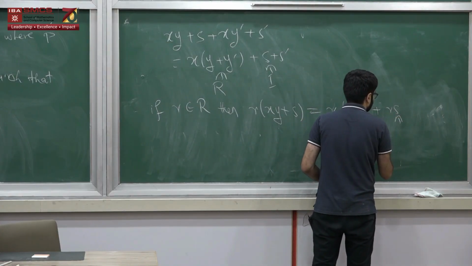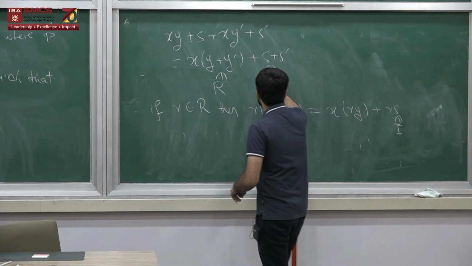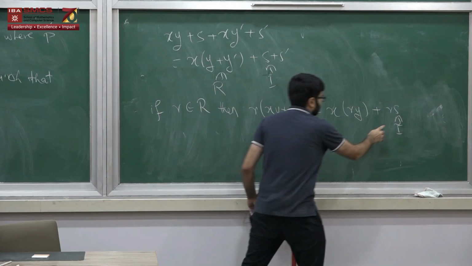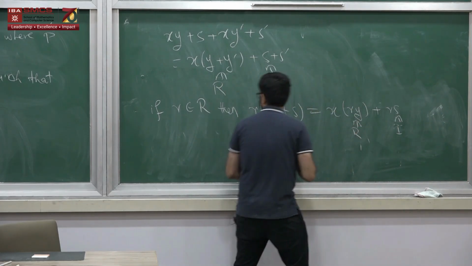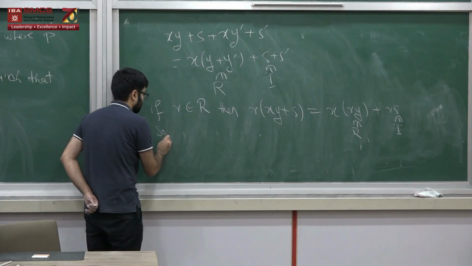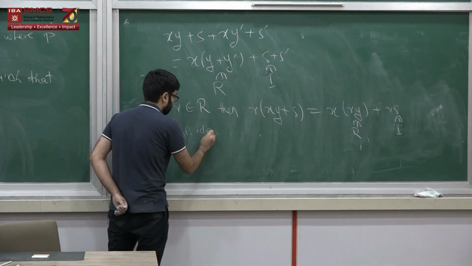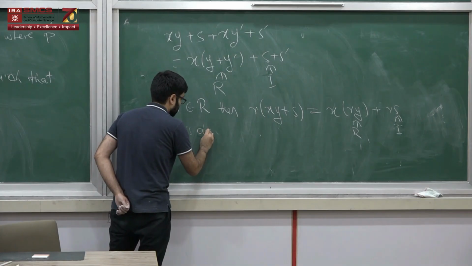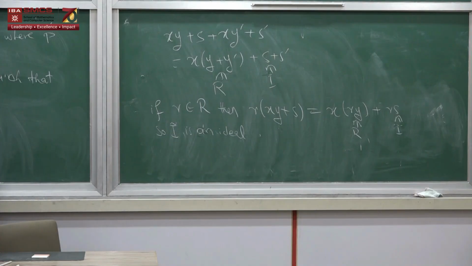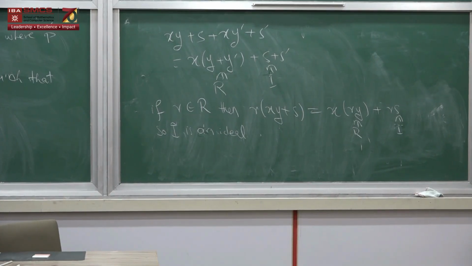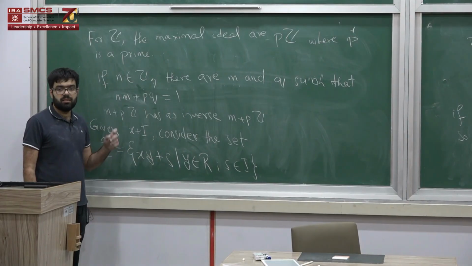This is again in the ideal I tilde, because this is in I, and this is in the ring. So I tilde is an ideal, and now here I can fix y to be 0, and go over all the elements of the ideal. So I get I.